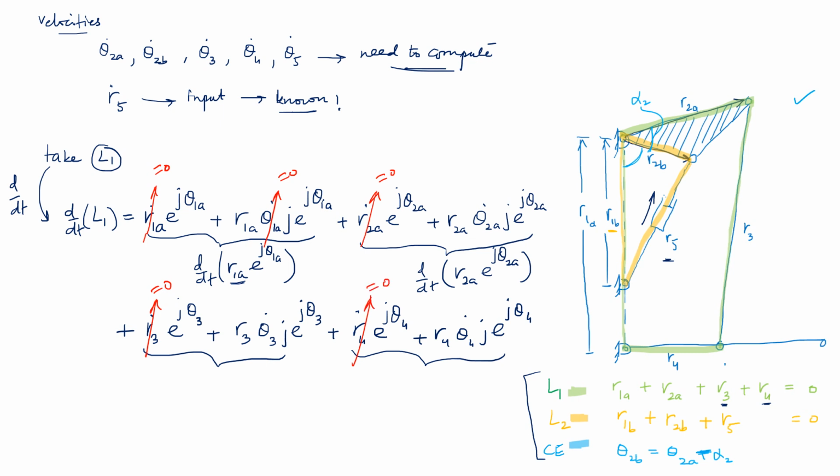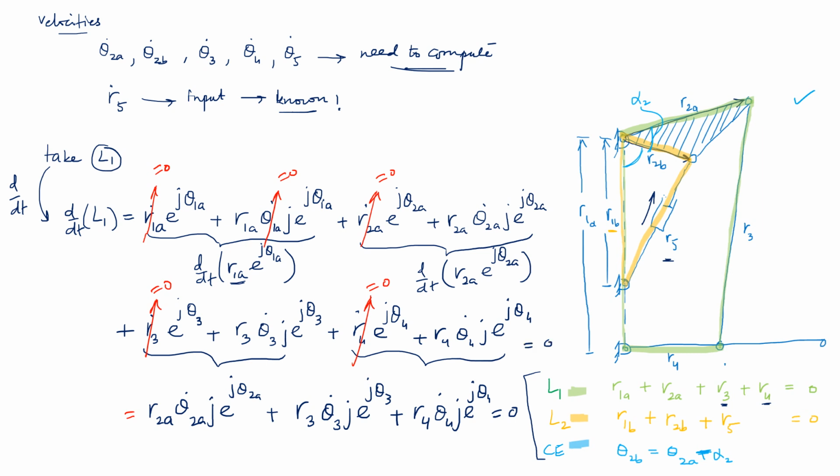So as a result of this rearrangement, I can write this is going to be equal to R2a theta 2a dot j e raised to power j theta 2a added with R3 theta 3 dot j e raised to power j theta 3 added with R4 theta 4 dot j e raised to power j theta 4, and this is going to be equal to 0, because this was already equal to 0 over here.